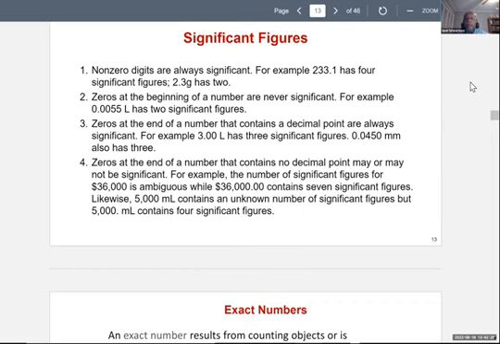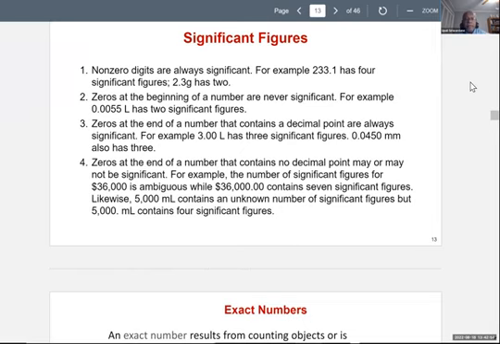Therefore, we normally consider it as 2 significant figures. If all zeros are significant, you have to put a decimal point at the end of the number to make all 5 numbers significant.